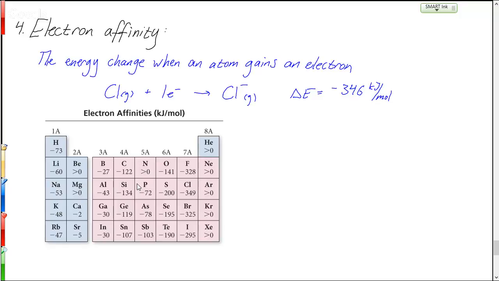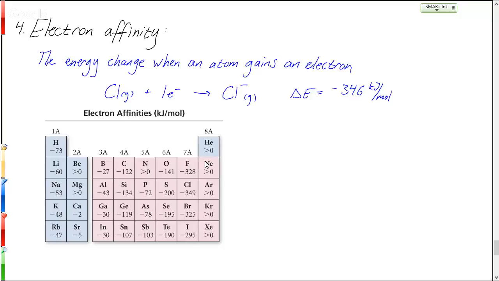So nitrogen has 3 unpaired electrons in its p orbitals. So if it gains another electron, it has to pair those up. And if it pairs those up, we know there's an energy cost associated with that. So that's why that electron affinity is, we would say, much lower, which means that it's positive. It doesn't want that electron. And that holds for everything else in its group, that there's a dip downward at that position.